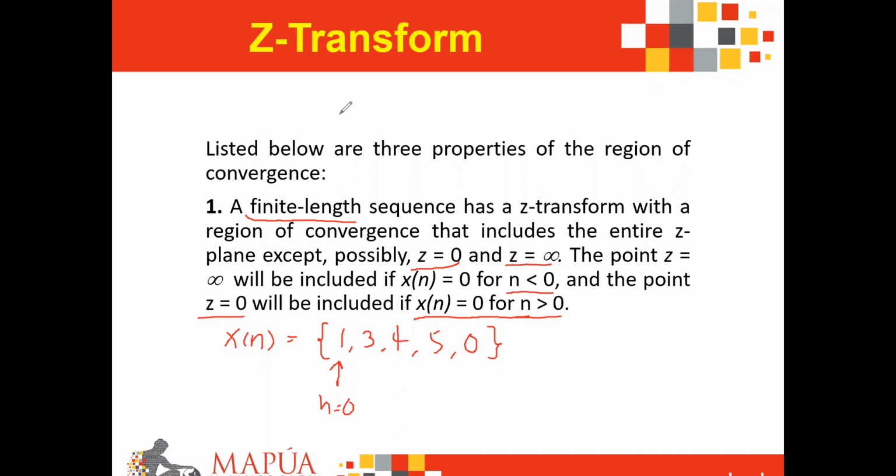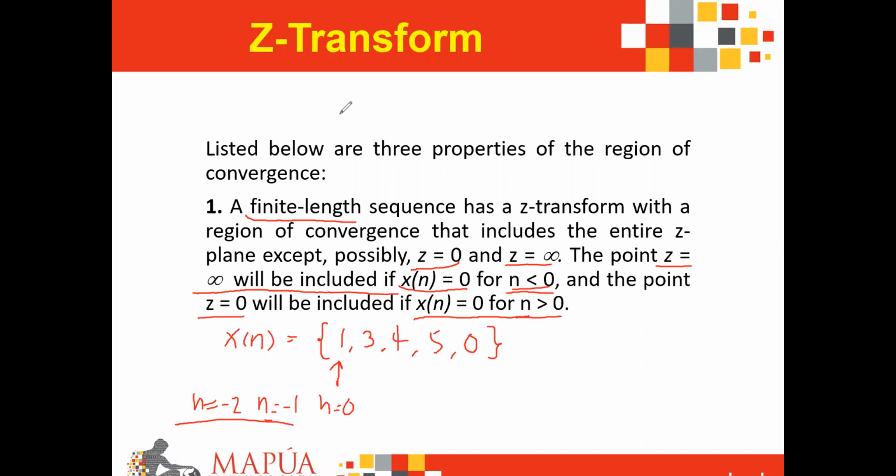Kapag ka less than 0, kagaya nito, kasi yung n ko ng negative 1, meron bang n na negative 1? Wala, sir. Meron bang n na negative 2? Wala, sir. Kasi nag-start ako n equal to 0 eh. Ayun. So, ano yun? Ang value ng xn is 0. Kapag ka less than, no? Yung n. Di ba? So, ano mangyari? Your z equal to infinity is included.